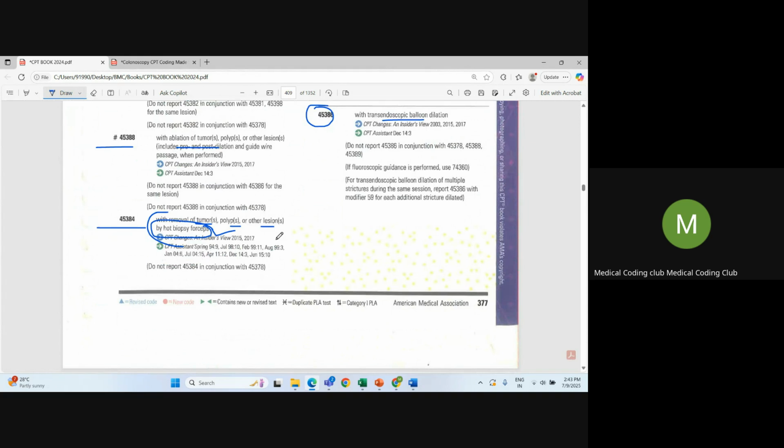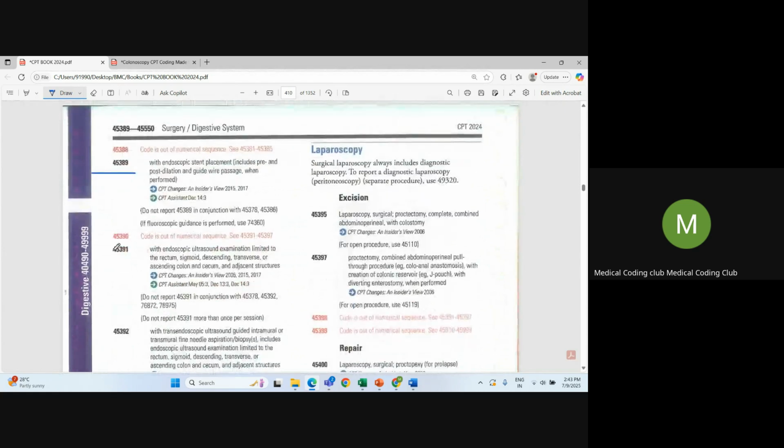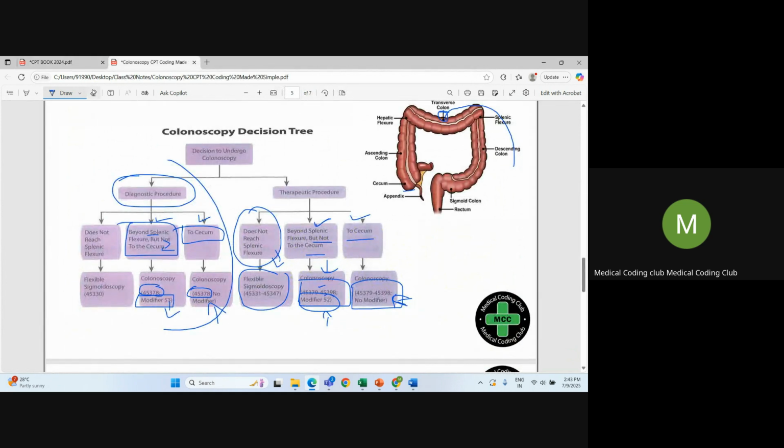Any one technique can be questioned. And the remaining also we do have codes up to 45398, with band ligation of hemorrhoids. In the decision tree also you could see the code range starting from 79 to 98.